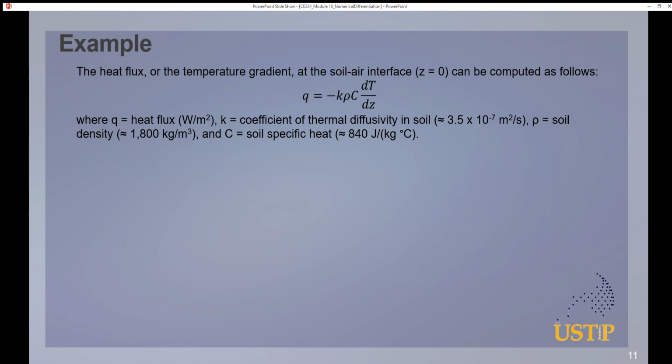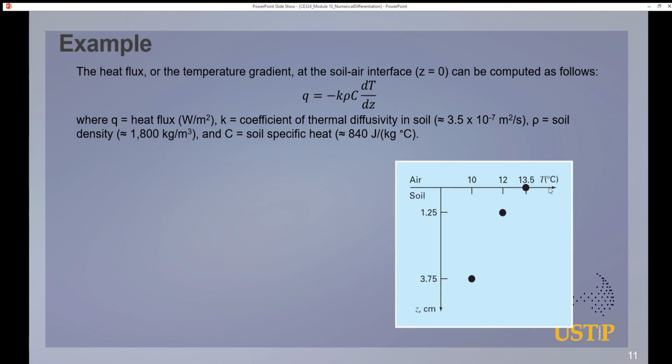K is the coefficient of thermal diffusivity in soil, assumed to be 3.5 times 10 to the power of negative 7 square meters per second, and rho is the soil density, equal to 1,800 kilograms per cubic meter. And C is the soil specific heat, which is 840 joules per kilogram times degree Celsius.